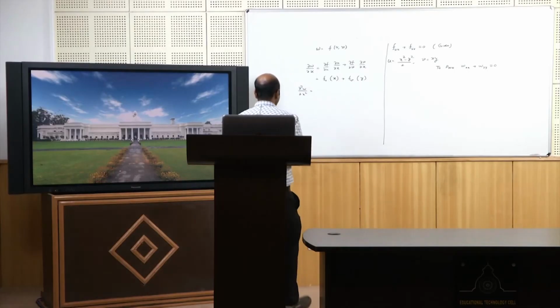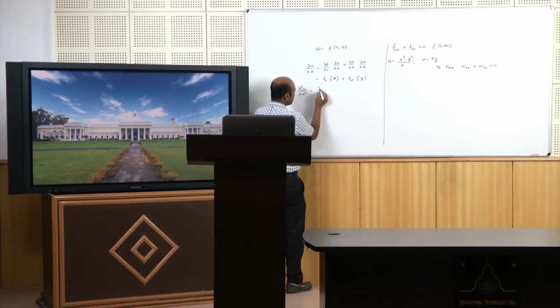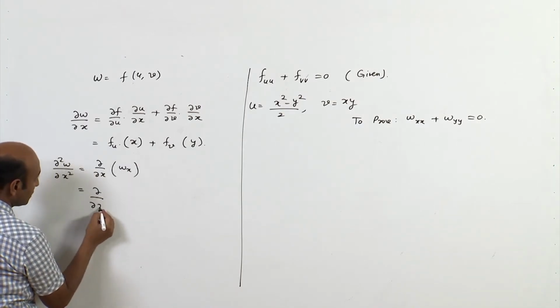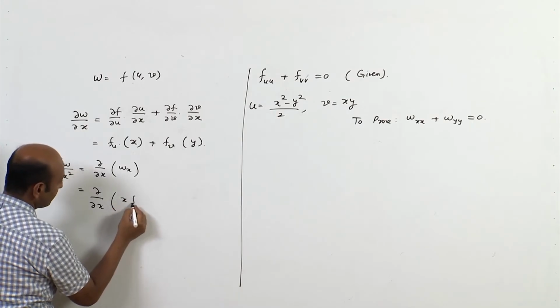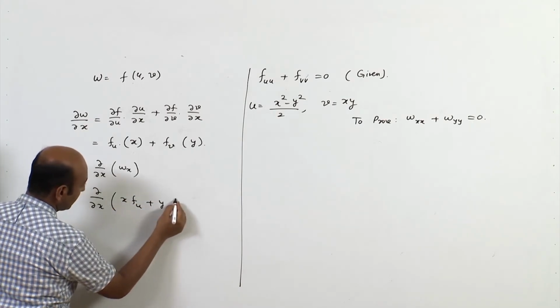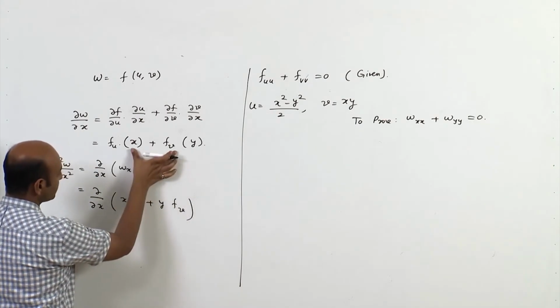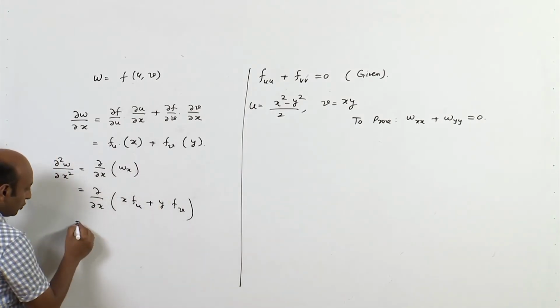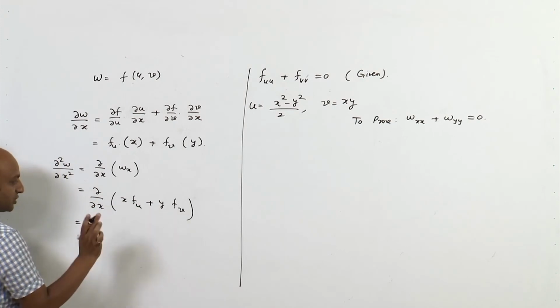Now how can we compute this? This is del by del x of w x, which is del by del x of x f u plus y f v, this expression. Now you differentiate here with respect to x partially.